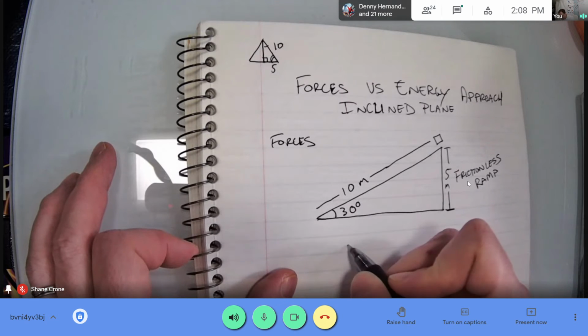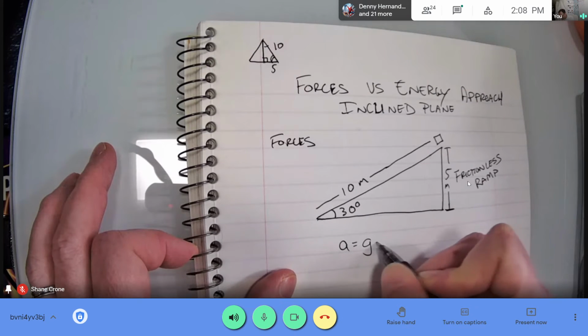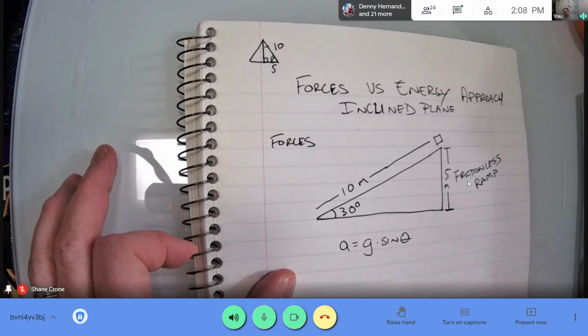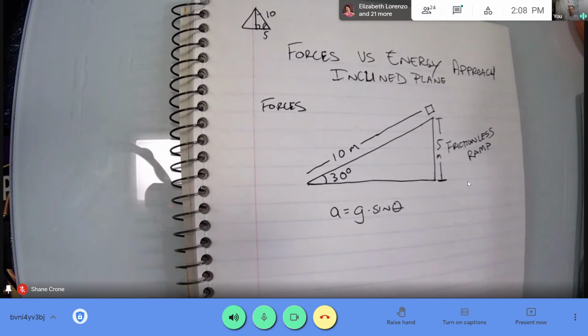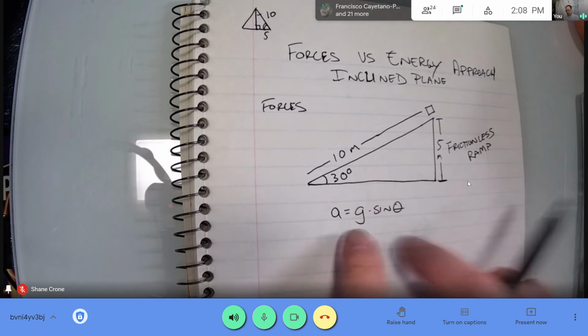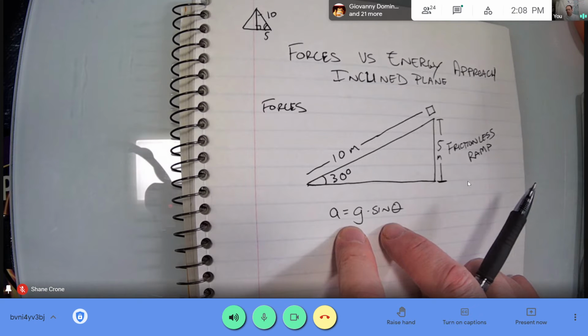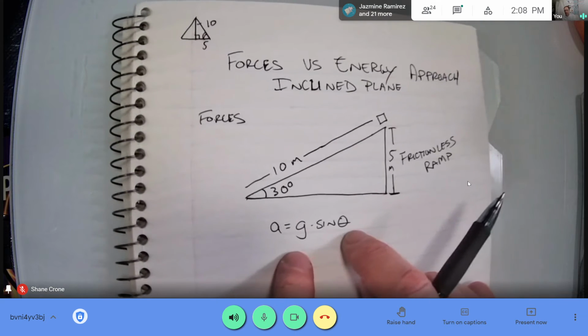And we found that a was equal to g sine theta. Now remember, I'm jumping into the middle of the problem. I'm not showing you all the details. If all you did is say a equals g sine theta, you would only get partial credit because you're not showing where this information comes from.